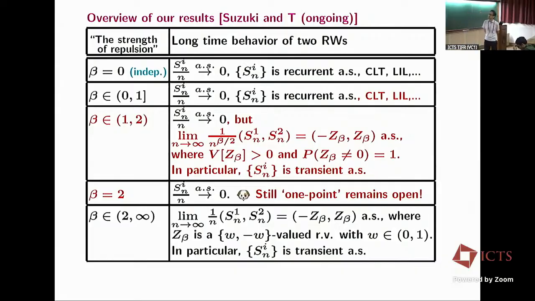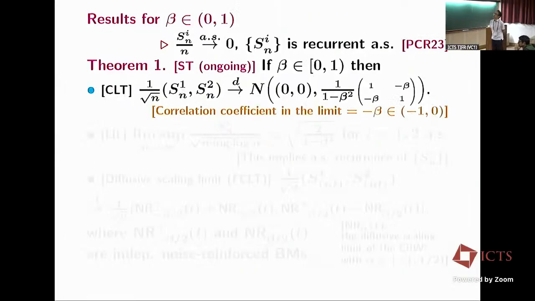Now I explain the more precise statement of the result. Theorem 1 is for the subcritical case, beta less than 1. In this case, this joint CLT holds, and the correlation coefficient in the limit is exactly minus beta. This is between -1 and 0. And the corresponding LIL holds, and this implies almost sure recurrence.